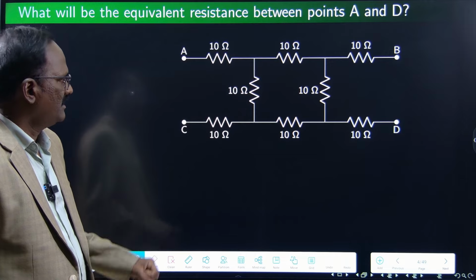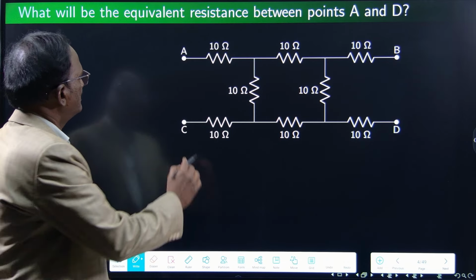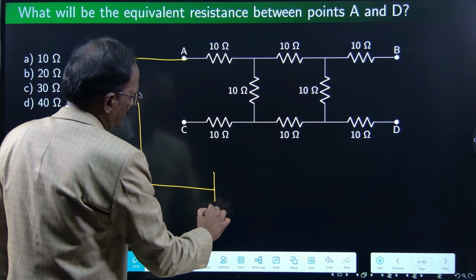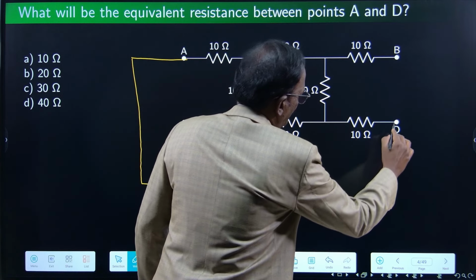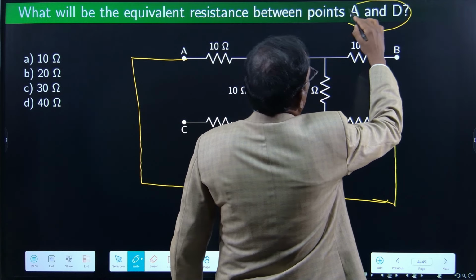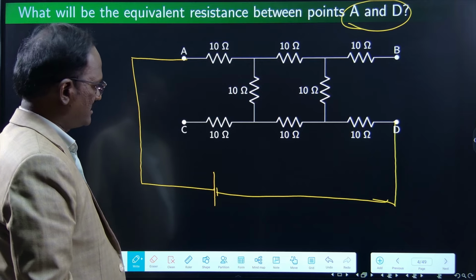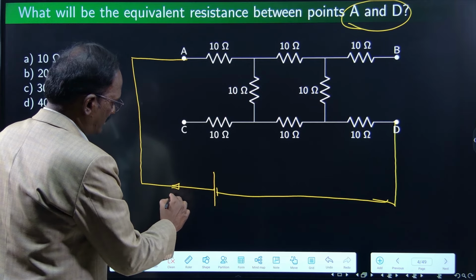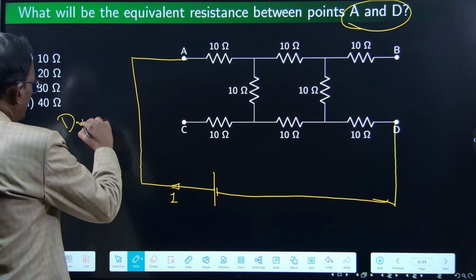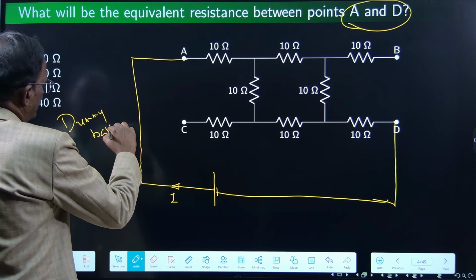I am going to use one trick, right? What is the trick? Assume a battery is connected between A and D, because across A and D the question is to find the resistance. It will send one current I. This is a dummy battery, an imaginary battery.